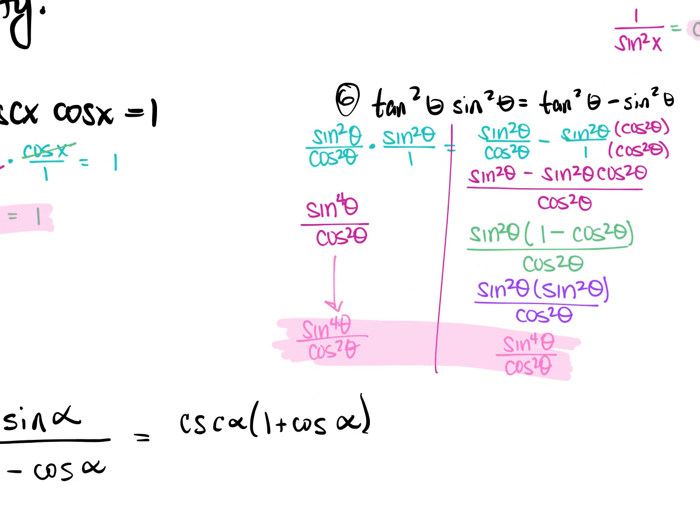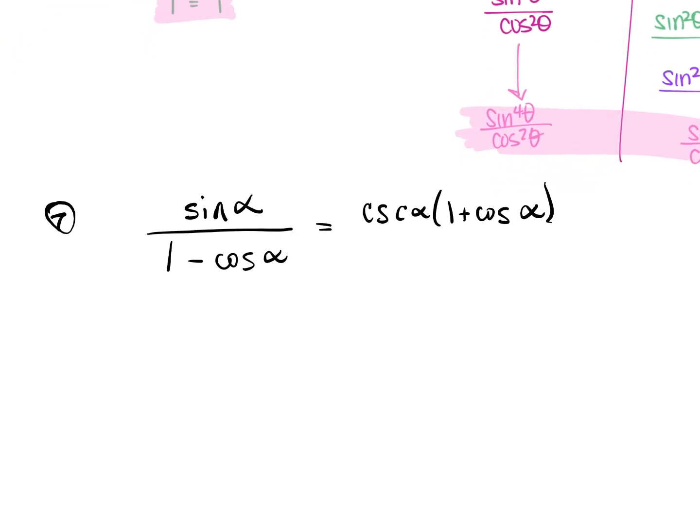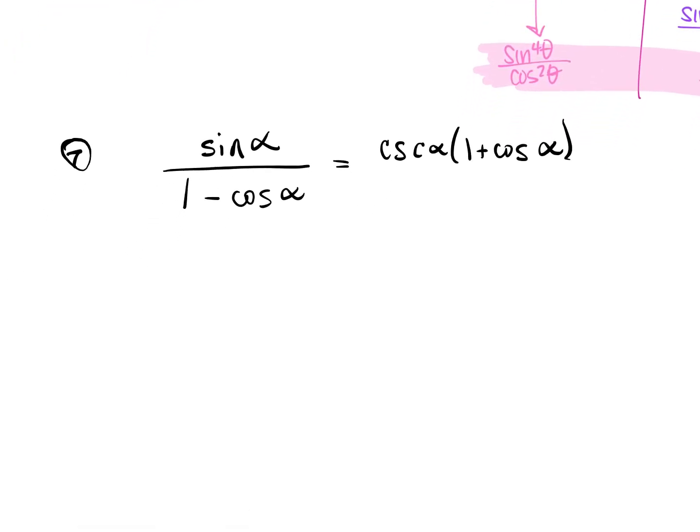If we look at our next question, we have sine over 1 minus cosine is equal to cosecant times 1 plus cosine. The 1 minus, oh, here, how about this? The cosecant is what? One over sine. I'm going to use theta for this.